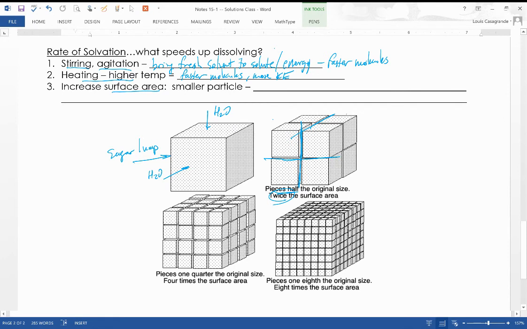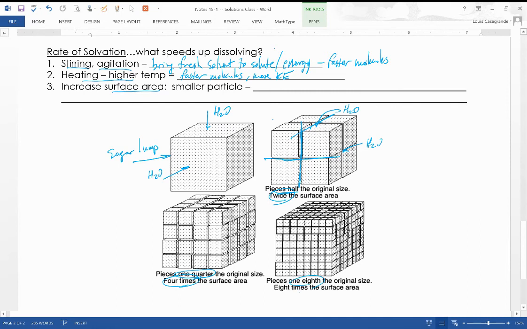So now the water can get inside those cracks. Since it gets inside the cracks, it has twice the opportunity for interacting with the solute. Remember, you have to have solvent and solute interacting. If you cut each face into quarters, you're going to get four times the surface area.